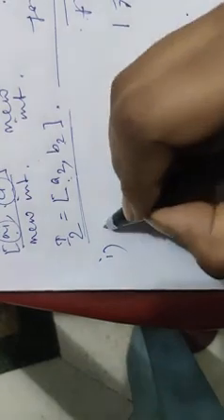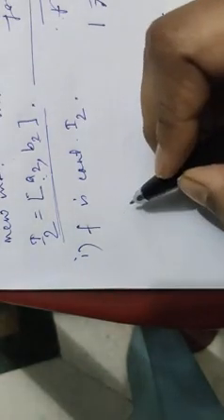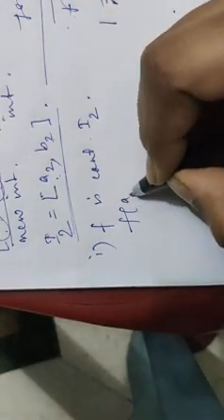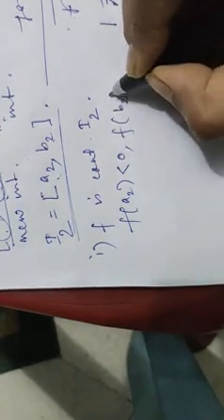Now check for this I2. What we can say about this I2? Number one thing, f is continuous on I2, right? And if we choose the first case, then f of A2 is less than 0 and f of B2 is greater than 0.